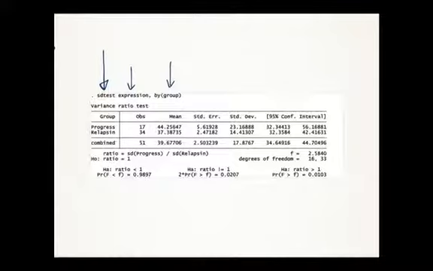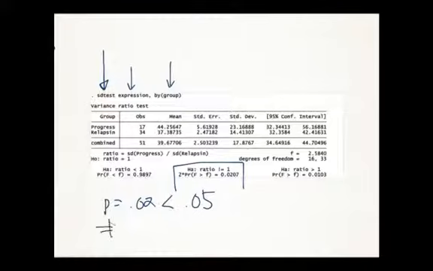And then here's our p-value. P-value is 0.07, or sorry, 0.02, okay, which is less than 0.05. So we reject the null. Remember, the null was that the variances are equal.